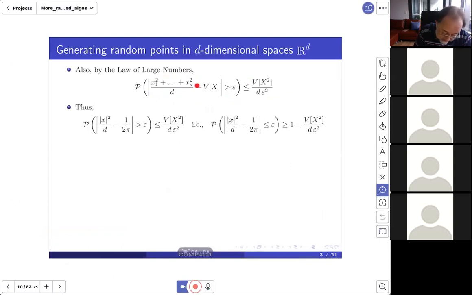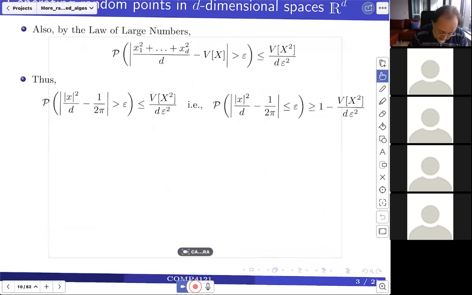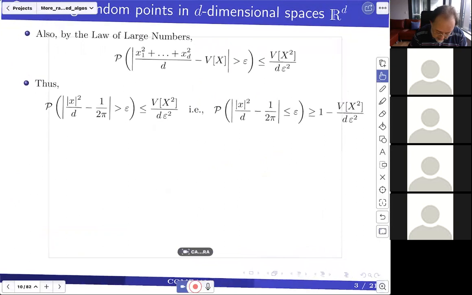But we know that this on top is length of x squared, we divided by d, variance is 1 over 2 pi. So the sum of the squares divided by d minus 1 over 2 pi will be bigger than epsilon, then variance of x squared divided by d times epsilon squared.